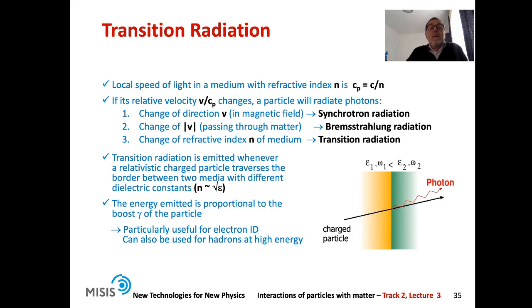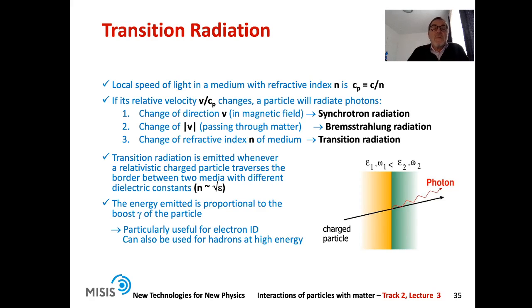So the next method I would like to discuss is transition radiation. Local speed of light in a medium with refractive index n is given by this formula, and if its relative velocity v over c changes, a particle will radiate photons. There are three types of radiation.